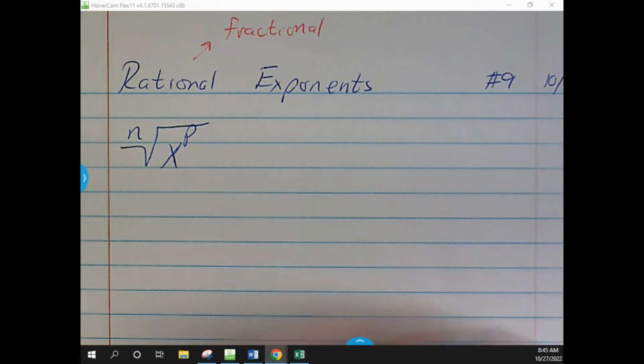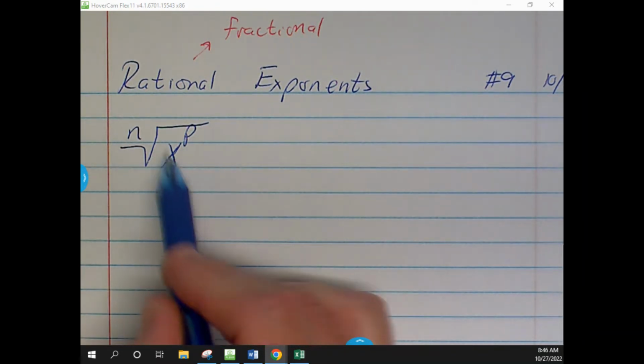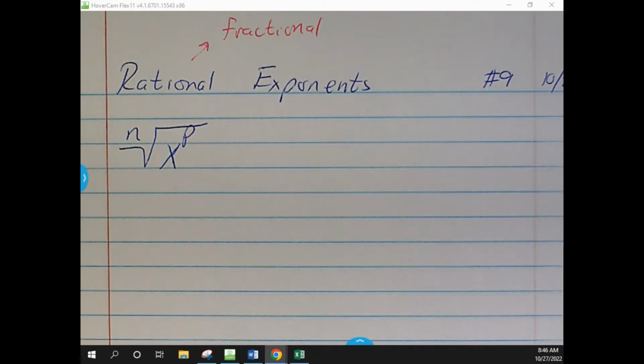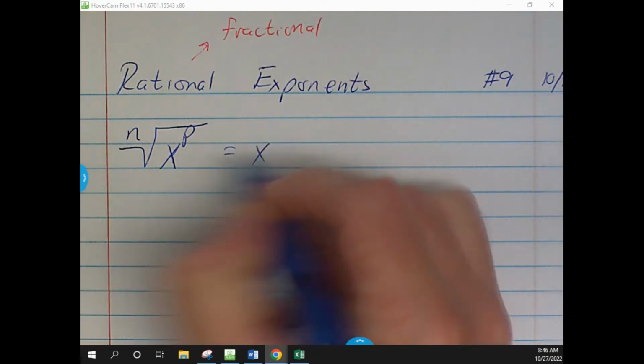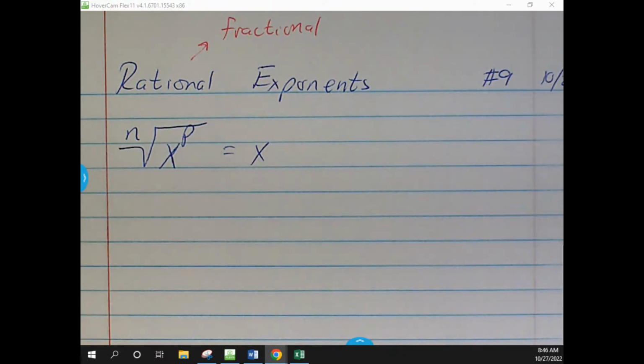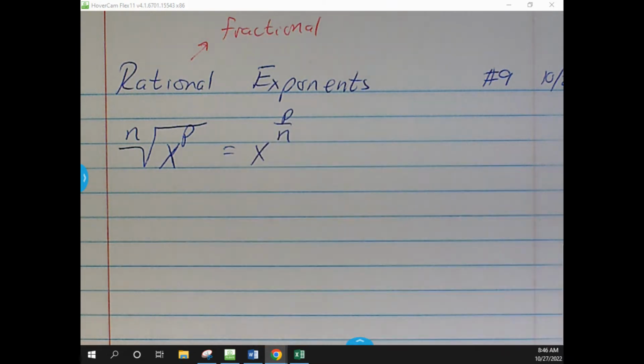If we had some index over here and we had x to some power, what did we do with these numbers to figure out what this x was going to be? We were trying to figure out how many was inside and how many was outside. We were simplifying it with a variable. We made it like a fraction and divided it.